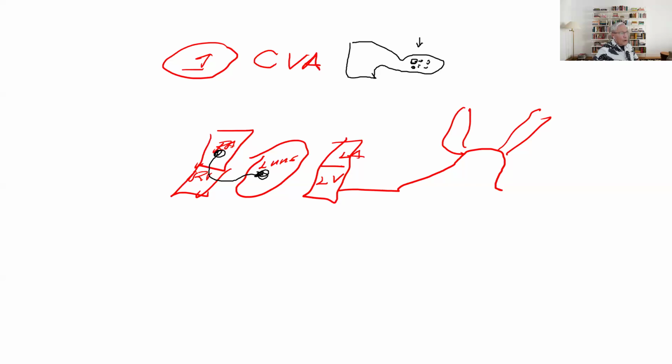So therefore, if it occurs in the left atrium, it's going to travel to the left ventricle, travel to the aorta, and voila, it travels into the brain. So that's the reason why you would have a CVA whenever you had atrial flutter or atrial fibrillation.